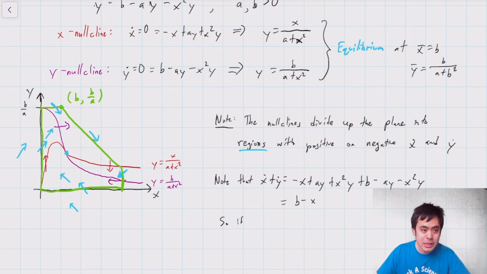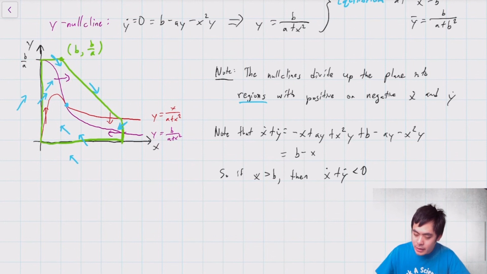And we chose that point because if x is greater than b, then x dot plus y dot is less than 0, and x dot is less than minus y dot.